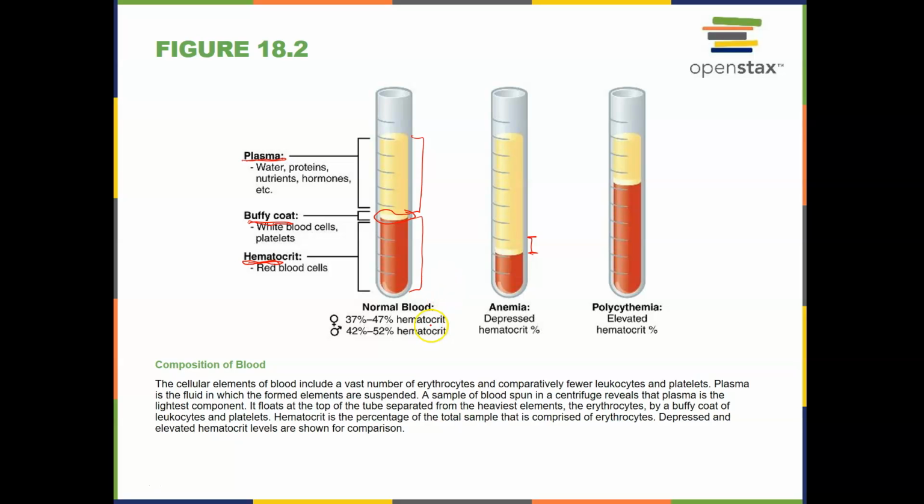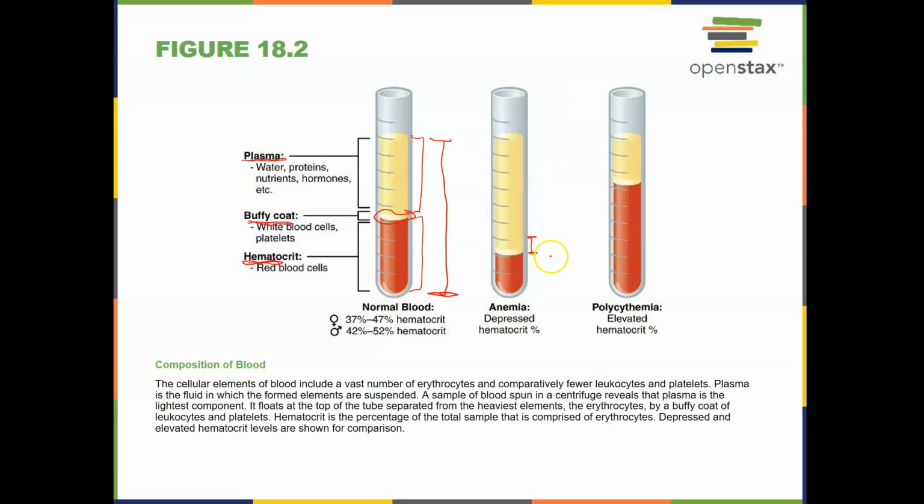In a normal person, in women, between 37% and 47% of the total volume, okay? So that would be, let me erase that. That didn't look so good. That would be this entire column here. This is the total volume. Between 37 and 47% would be made up of red blood cells. In a man, that's going to be between 42 and 52%. So for a man, almost half of his blood is made up of red blood cells.